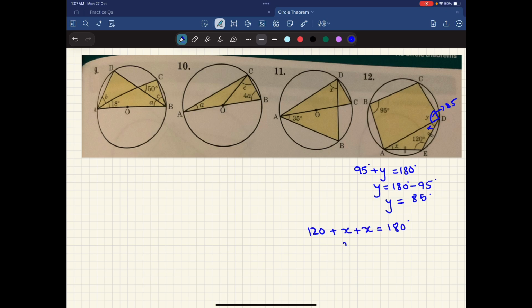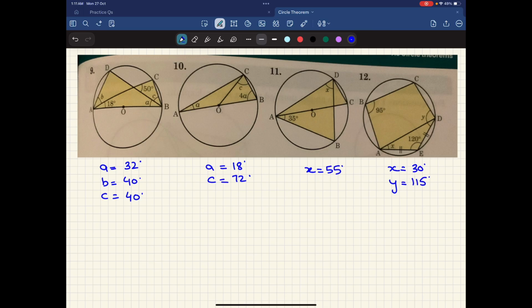So 2x is equal to 180 minus 120, which gives 60 degrees. So x is equal to 30 degrees. So this is the first unknown. And to find the value of y, we're going to add 85 and 30 together. That gives us 115 degrees.